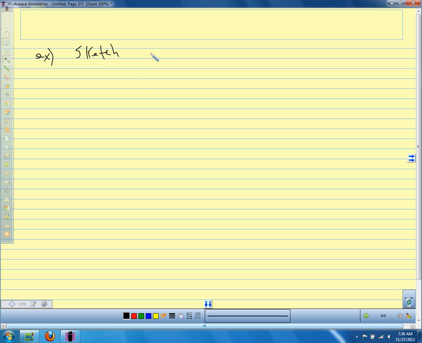It's not necessarily plotting points. So we're going to sketch z equals sine x. So our generating curve, in this case, is going to be a sine curve in the xz plane.